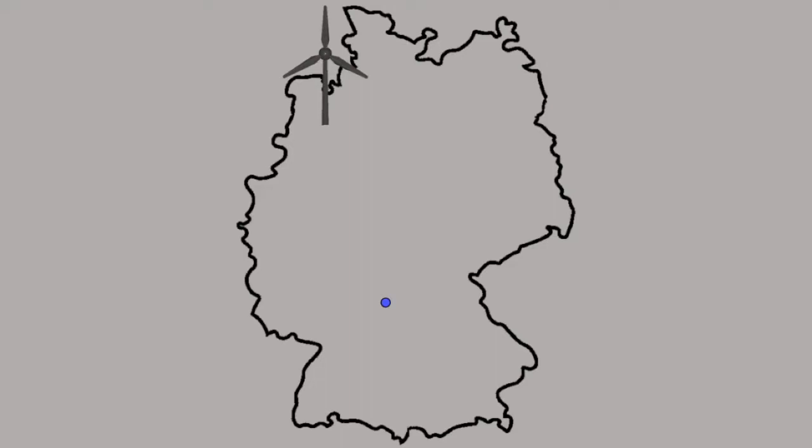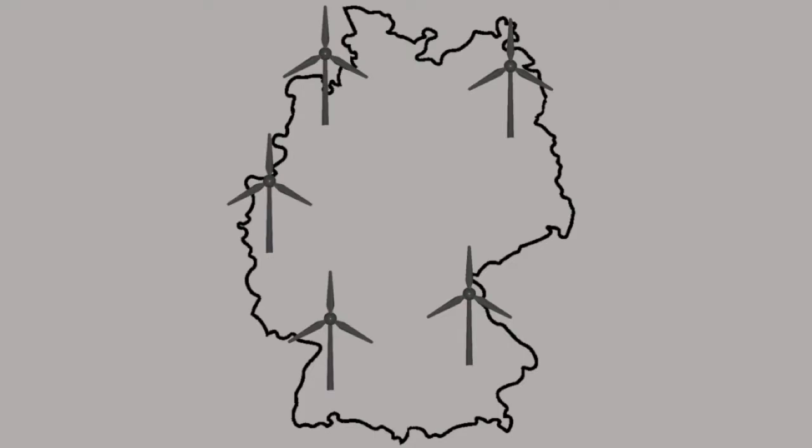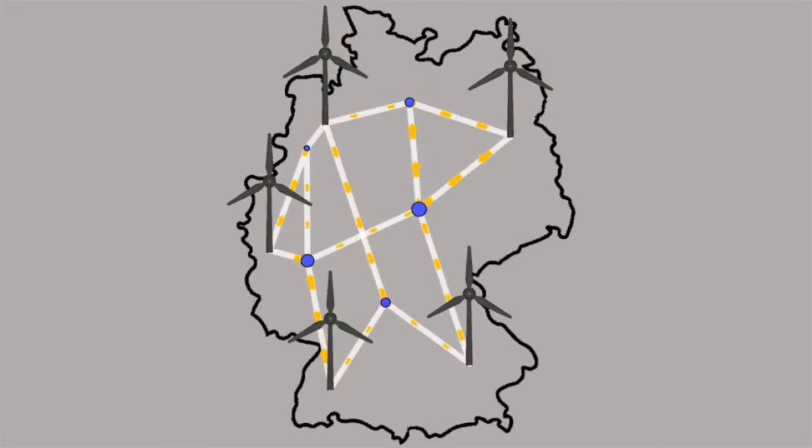To transport the electrical energy from the power plant to the city, they have to be connected to each other. That happens through a power line. Now there are many power plants and many cities which have to be connected. So there are many power lines. And this altogether is our power grid.